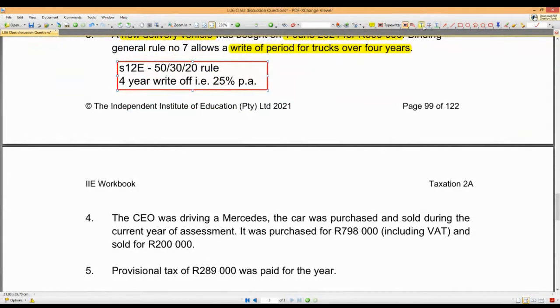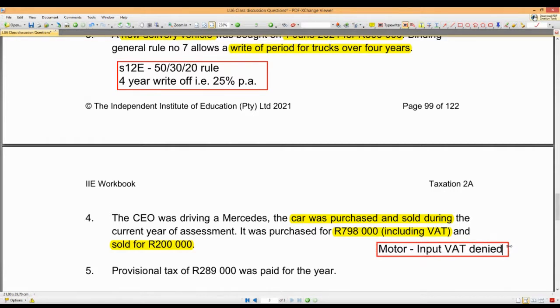Now, if we look at number 4, the CEO was driving a Mercedes. The car was purchased and sold in the current year of assessment. It was purchased for $789, including VAT, and was sold for $200,000. Now remember, for VAT, if it is a motor vehicle, input VAT will be denied.